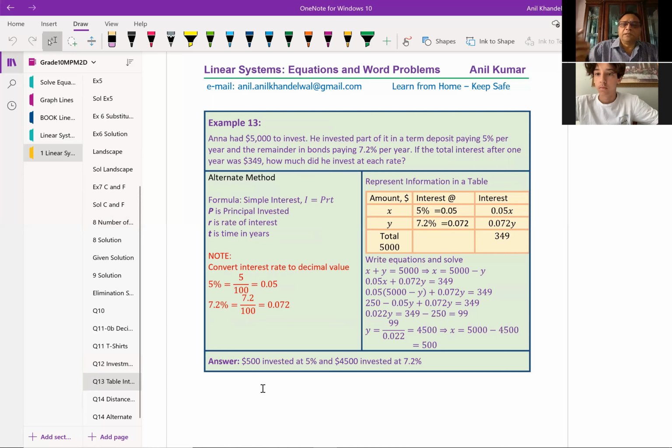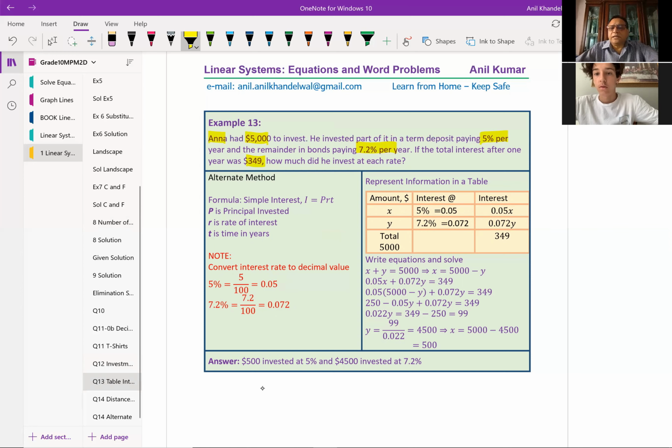I just changed the name and the amount. This time Anna invested 5,000. She invested part of this at 5% per year and the rest at 7.2% per year. If the total interest was 349, what was the amount invested in each? Exactly the same question, but I just changed some names and the values. Is that clear to you?